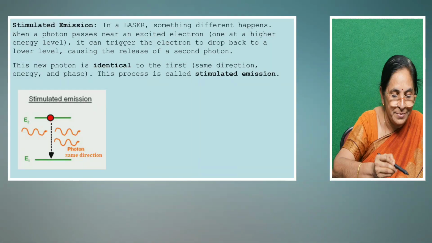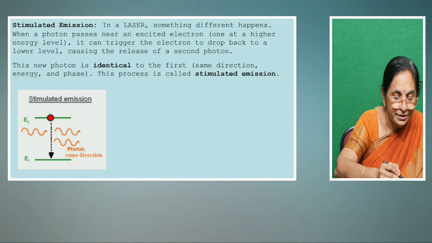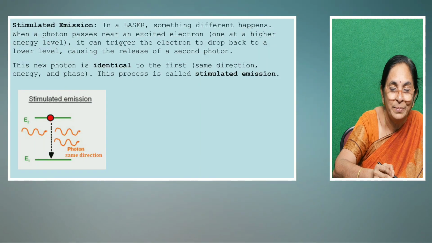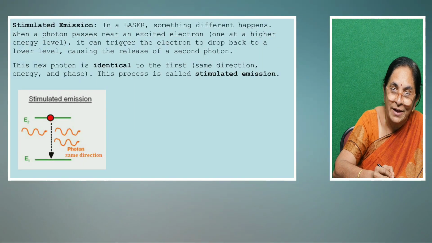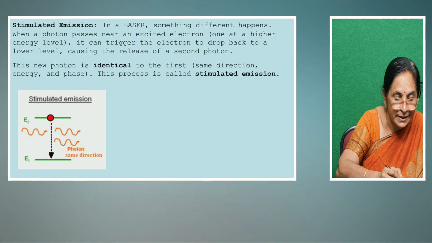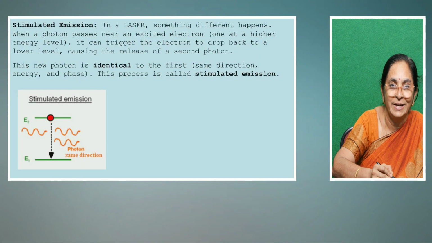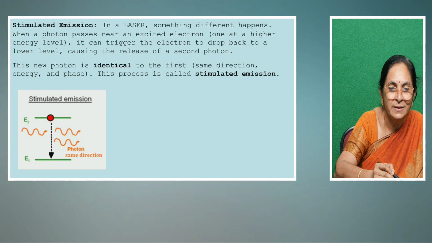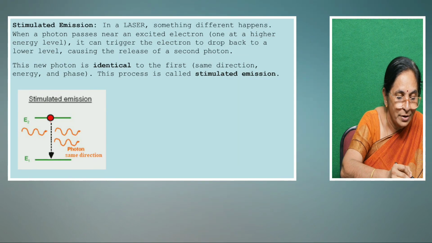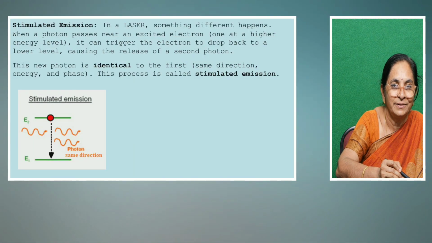In this stimulated emission, the emitted photons will be traveling in the same direction and they will have the same wavelength. So you can call them coherent in nature. Stimulated emission takes place only when the photon interacts with the electron in the excited state.